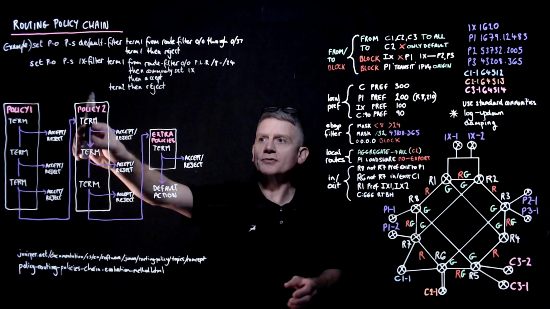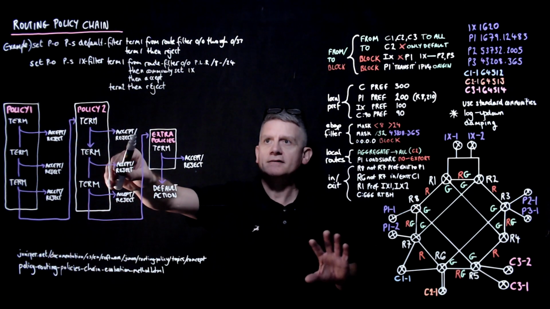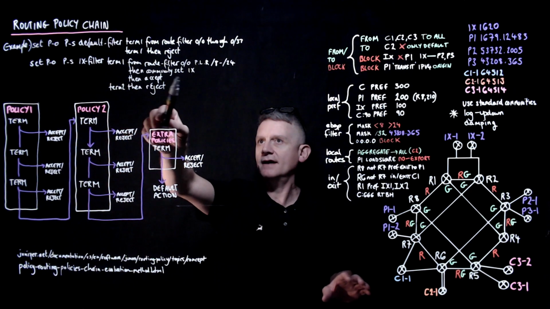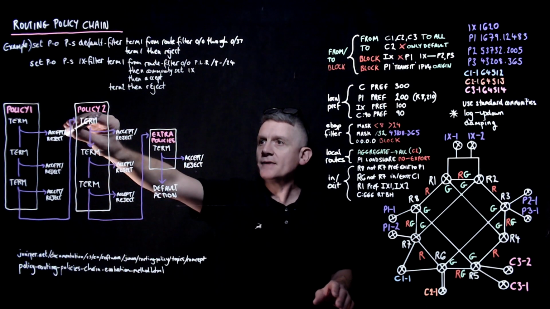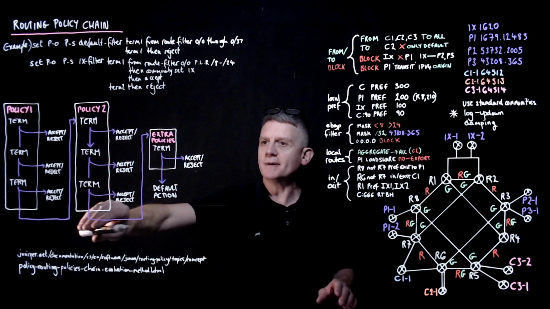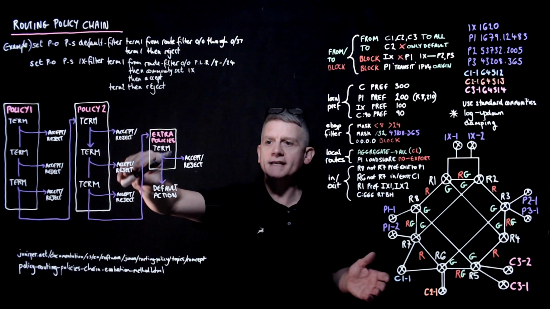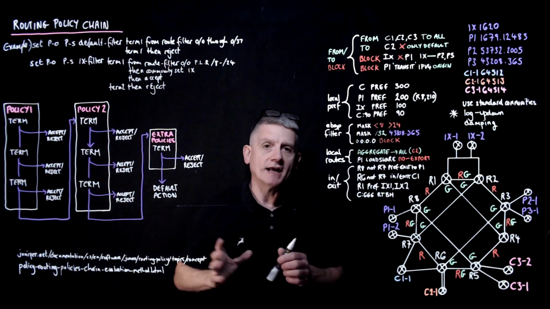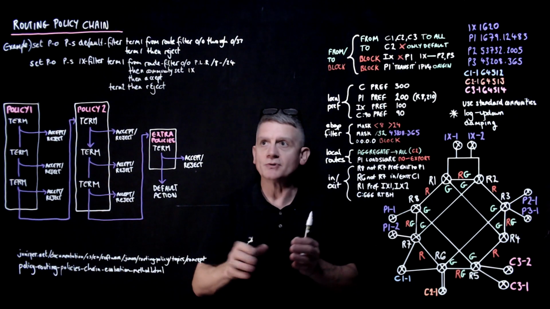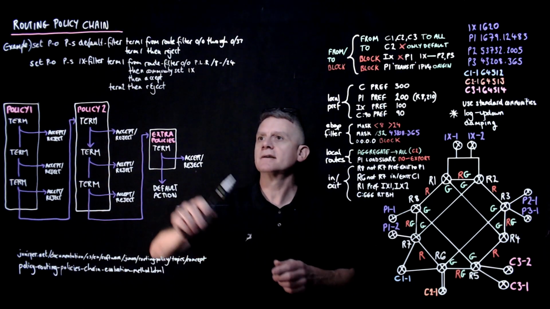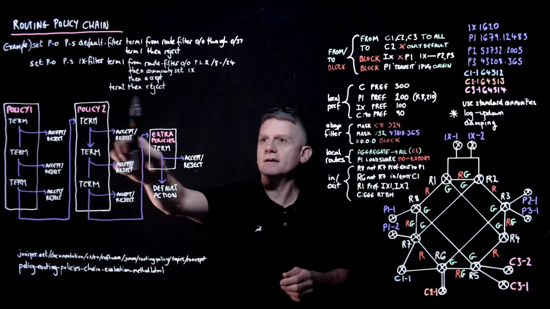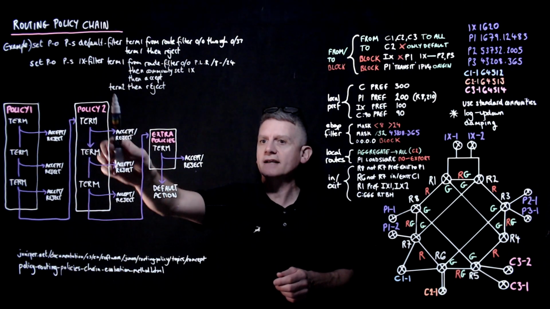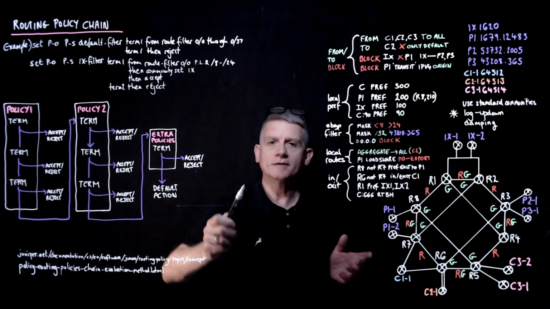So let's say we were an ordinary route, we would be accepted and would leave the policies. Now, if we didn't fit that, we'd go into any other policies, and we'd end up with a default action, and that default action would be what BGP would do. However, in our case, we have a terminating term here, which everything is going to hit. So it's a reject, and we leave the list.